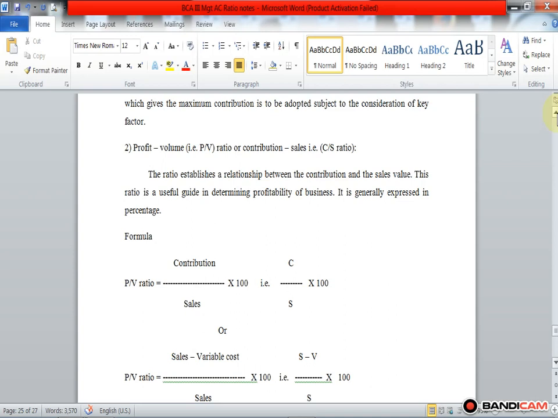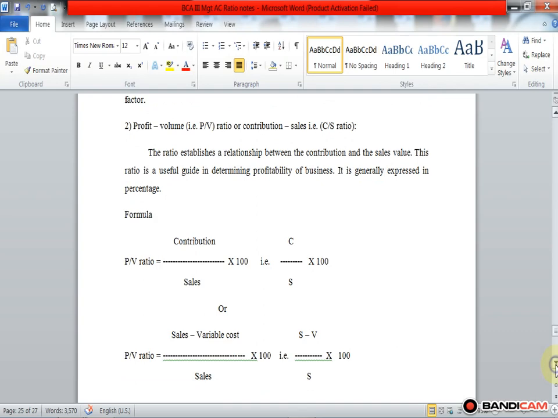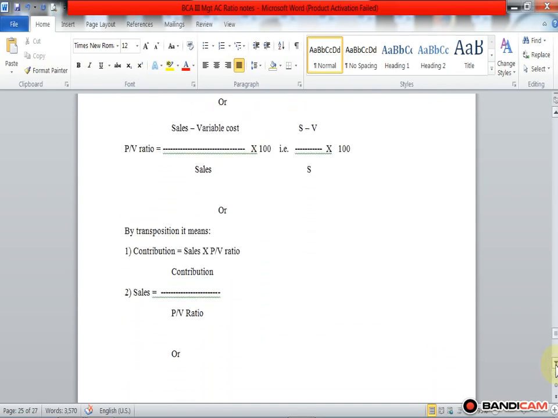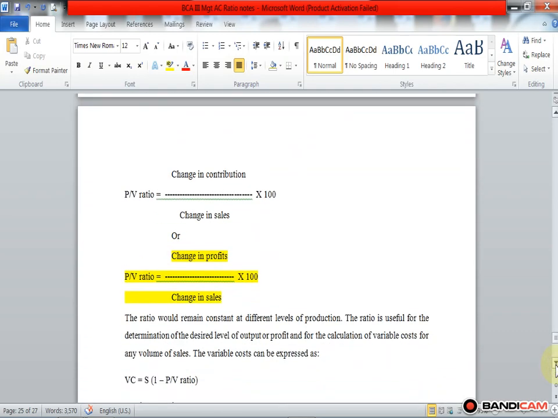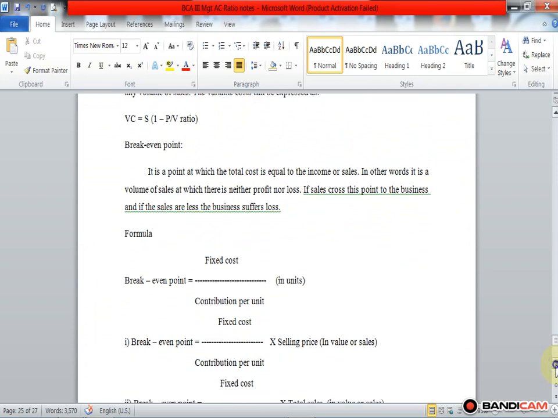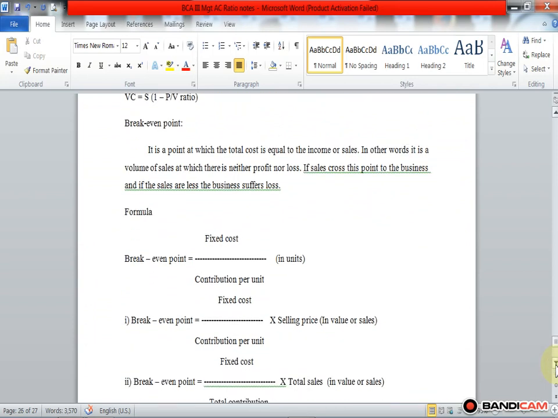We have studied all the formulas for computation of PV ratio. Now we are going to discuss the break-even point, which is known as the no profit no loss situation. It is a point at which the total cost is equal to the income or sales.